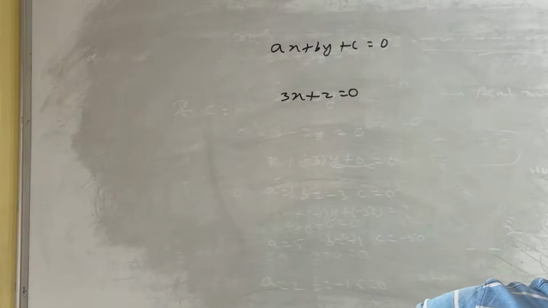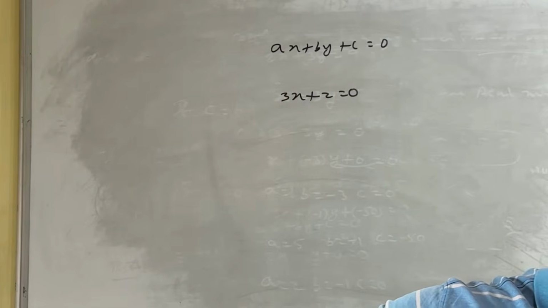Write it in the general form. 3x plus 2y. How 2y?